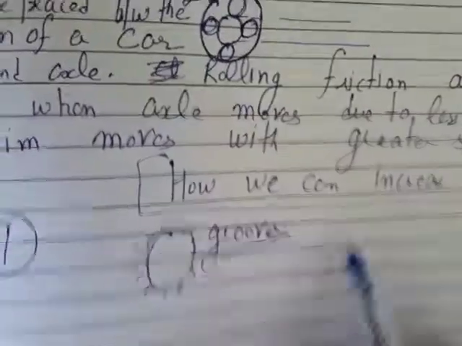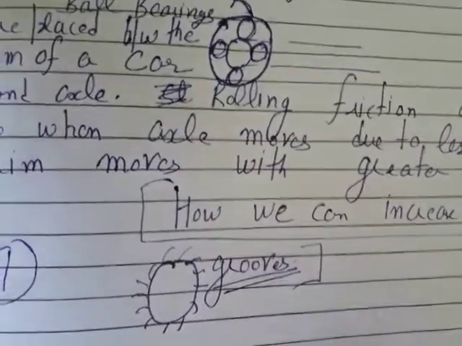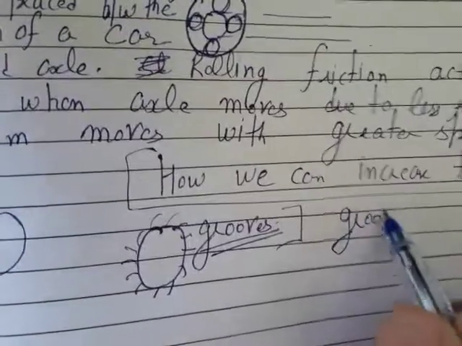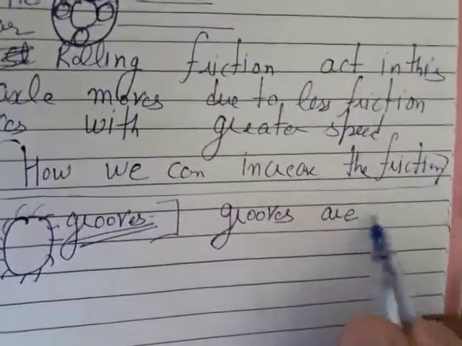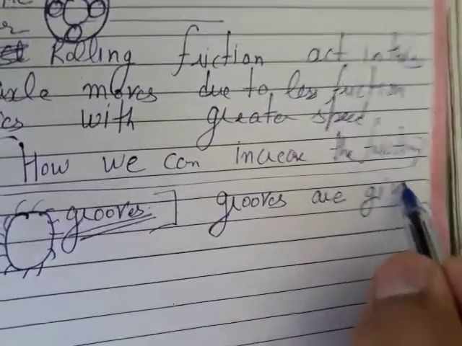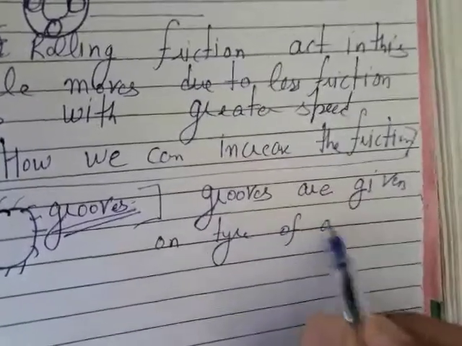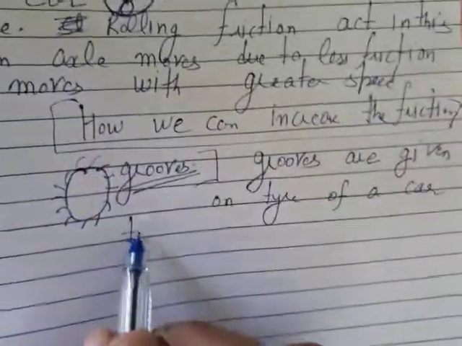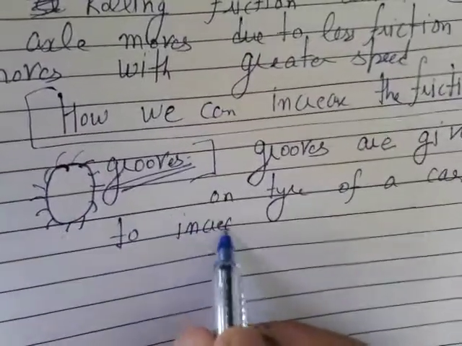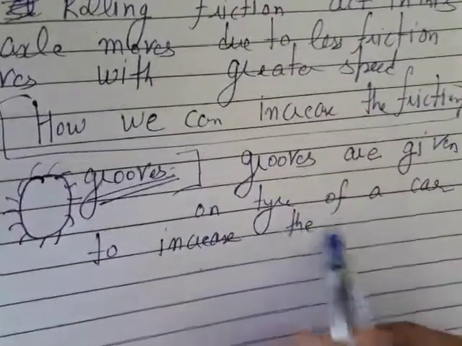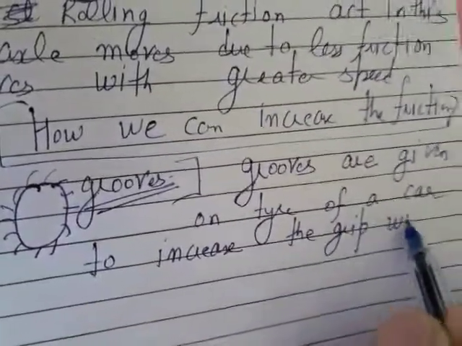So grooves are available on the tire of a car in order to increase the friction, to increase the grip with the road.